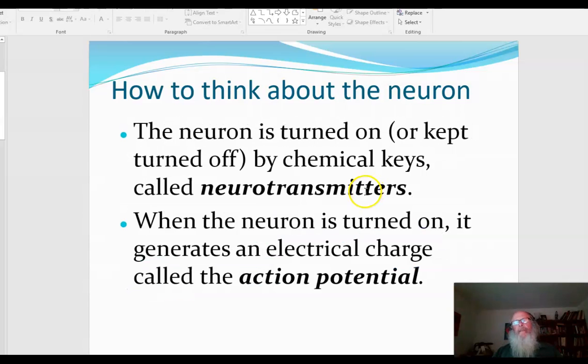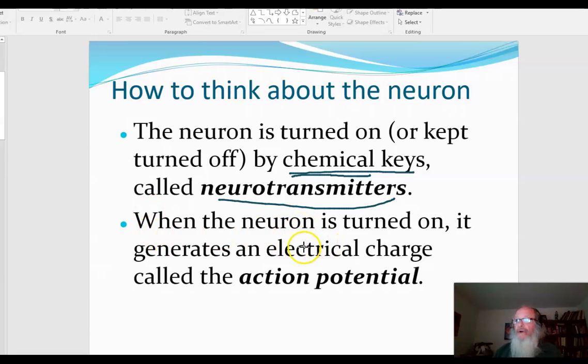This is going to be important in terms of understanding that the neuron machine is either turned on or kept turned off by chemical keys called neurotransmitters. So we've got keys that are neurotransmitters, and they're chemical keys. They also have a physical shape and take up space.